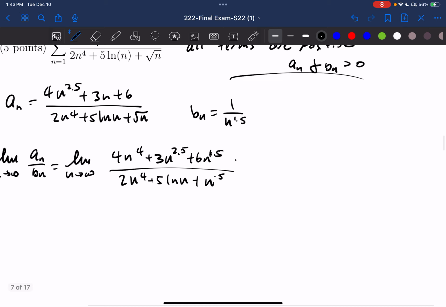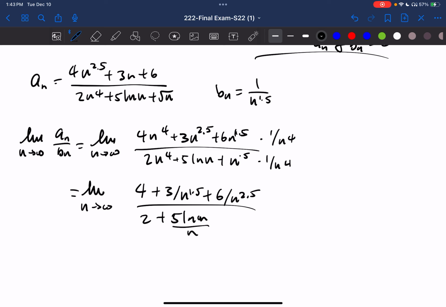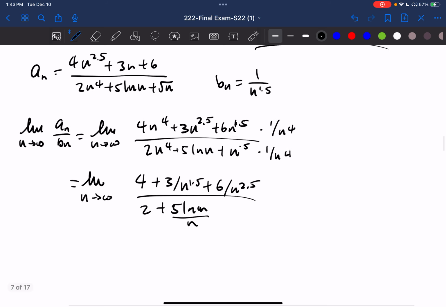We can see here, if we multiply both the top and the bottom by 1 over n to the fourth power, we will end up getting the limit as n goes to infinity of 4 plus 3 divided by n to the 1.5 power plus 6 divided by n to the 2.5 power, all divided by 2 plus 5 ln n divided by n to the fourth power plus 1 divided by n to the 3.5 power.